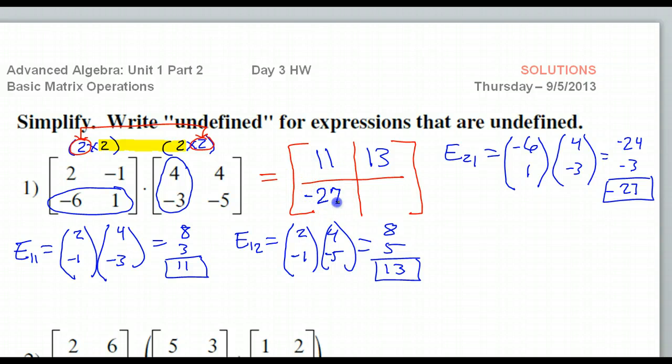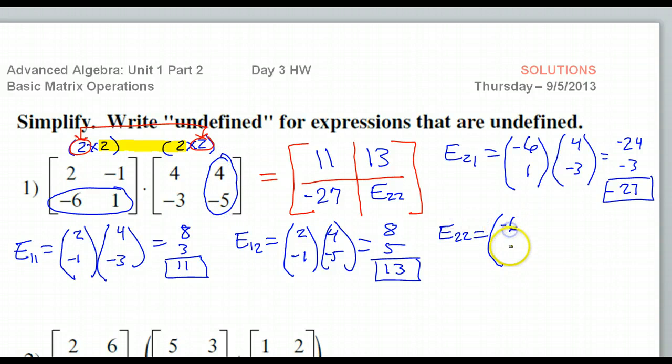Negative 27. And finally, if I want to find this element, I could call it element 2, 2, because this is row 2, column 2. If I want to find element 2, 2, then I need to do row 2 times column 2. Row 2 is already selected, and I need to do times column 2. So I'm going to do negative 6, 1, times 4, negative 5.